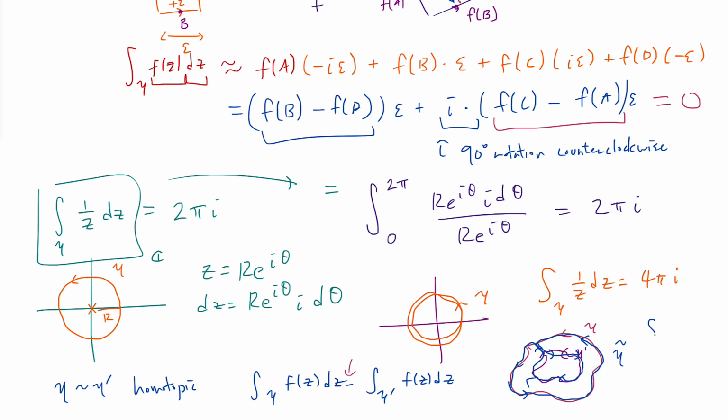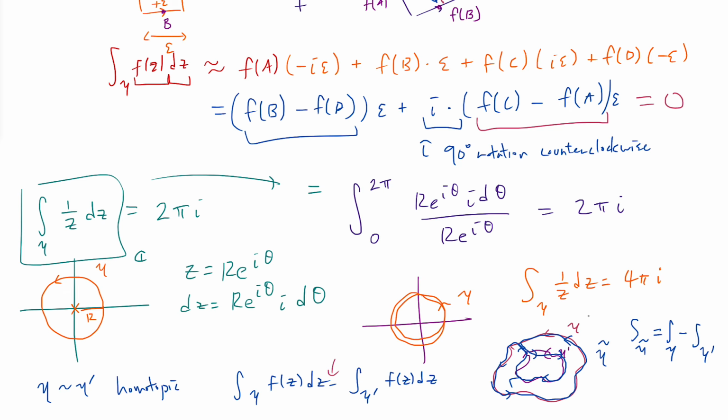So the integral of gamma tilde is really the integral of gamma minus the integral of gamma prime. The minus sign for gamma prime comes from the fact that gamma prime, at least in this picture, is going counterclockwise, whereas gamma tilde is traversing it clockwise, right? So you get this extra negative sign. And by Cauchy's theorem, this integral is 0. So this gives you an idea why these two integrals are actually the same.